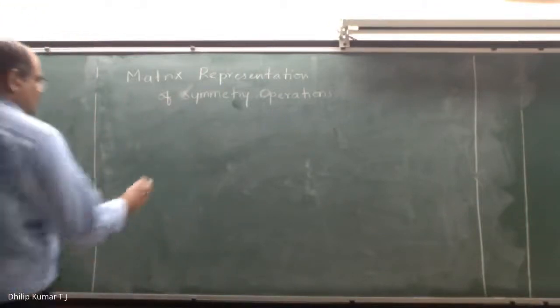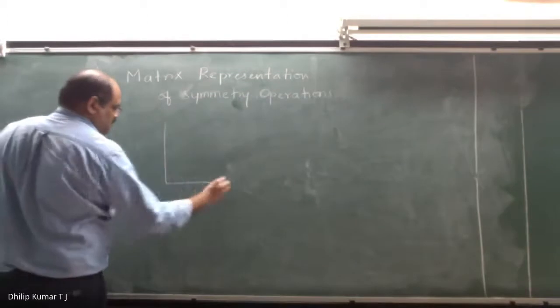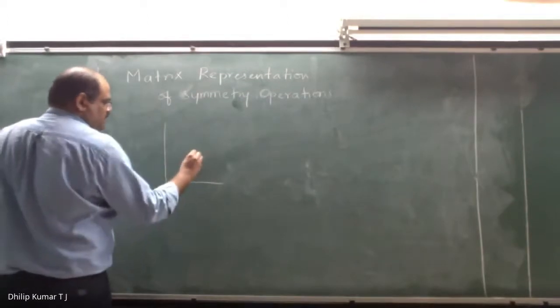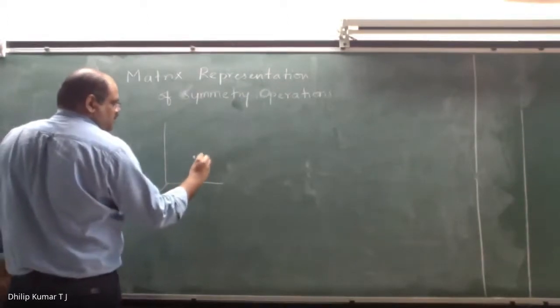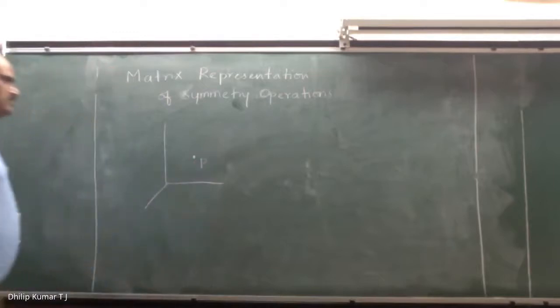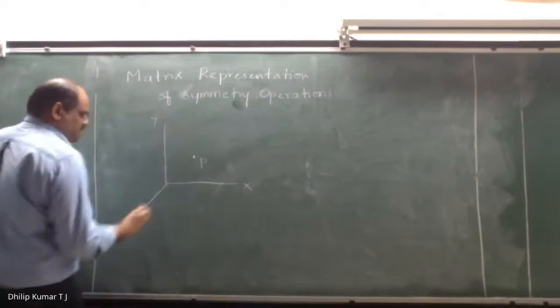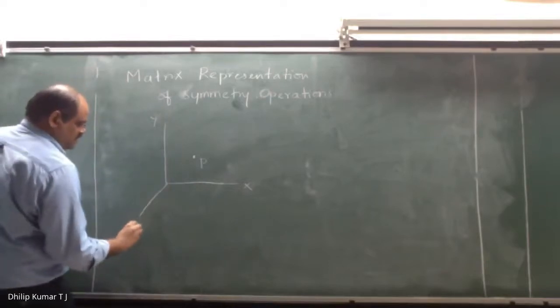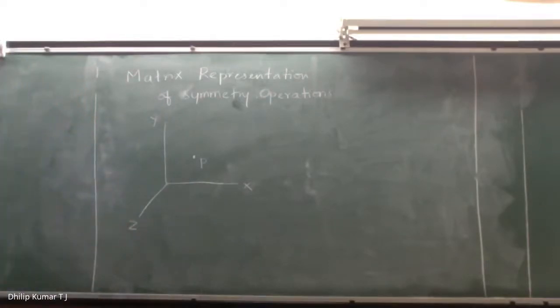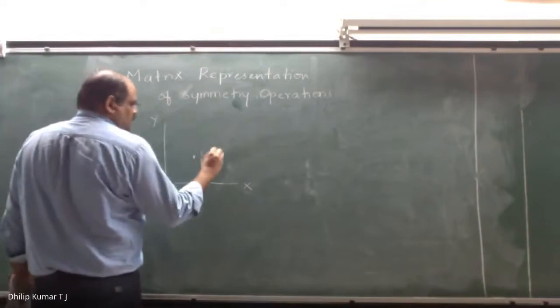For example, say you have a point somewhere here. We call it point P in 3D coordinates. Say this is X, this is Y, and this is the Z coordinate. So you can represent this point by x, y, z.